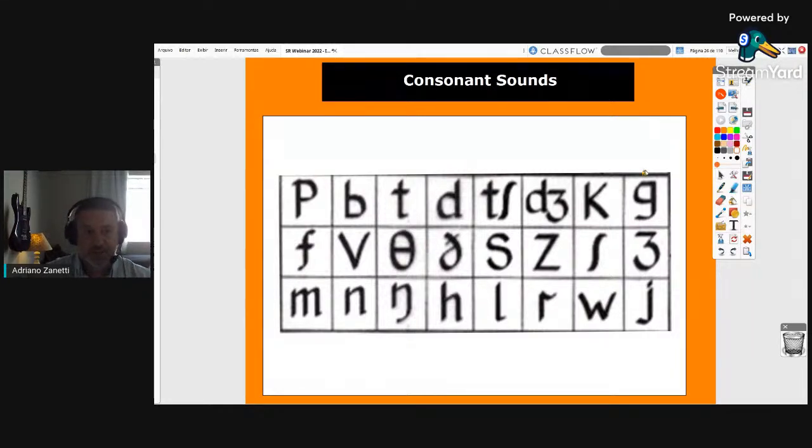So the phonemic symbols are quite similar to the sounds. Like p, b, t, d, it's very similar to the way we write, and very few are different from the way we spell.